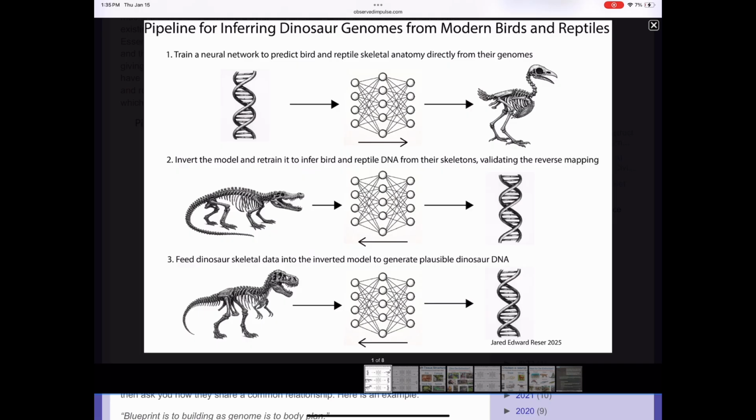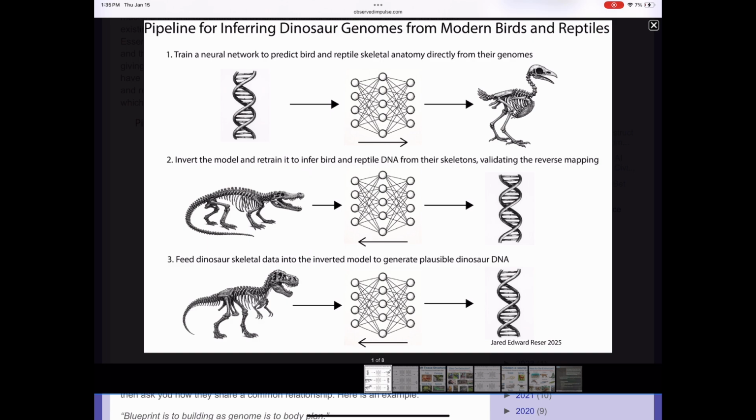So at a certain point, let's say you held out chickens. So you finish training the model, and then you give the model a chicken skeleton. And the idea is that hopefully it would be able to reproduce something that is similar to chicken DNA. You'd be able to test and see how good your model is. And if it's not good enough, there's a lot of things you can do to make it better.